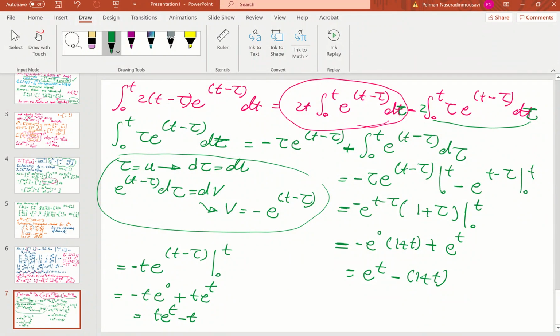That's right. Clear? So now you have to do that. So it's going to be 2t times (e^t minus 1 plus t), just multiplied by 2, minus 2 e^t times (1 plus t). Right?